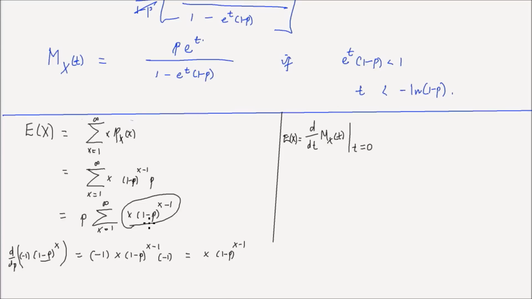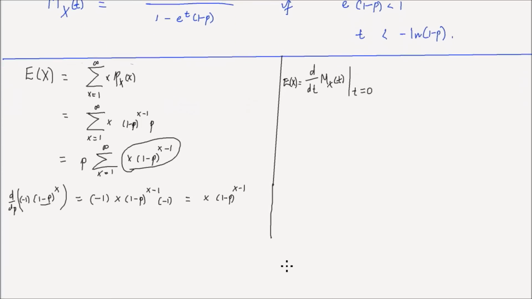So instead of x times 1 minus p to the power of x minus 1, I could write the derivative with respect to p of minus 1 times 1 minus p to the power of x. So that the expectation would be equal to p times the sum x starting from 1 to infinity of the derivative with respect to p of negative 1 times 1 minus p to the power of x.